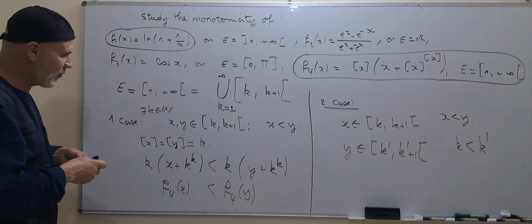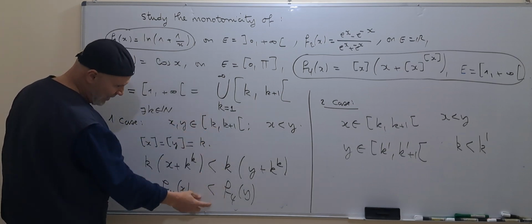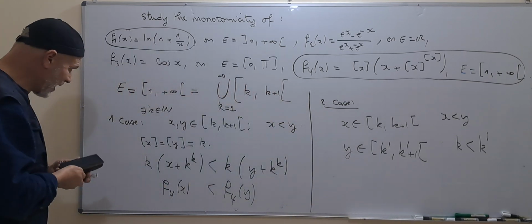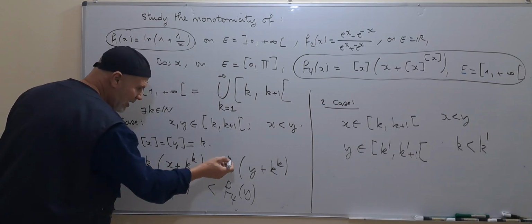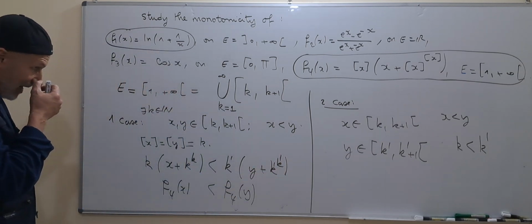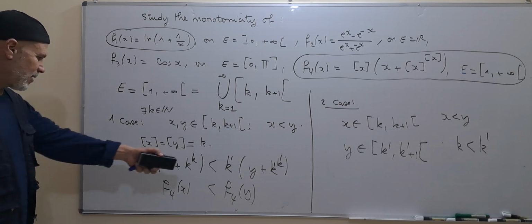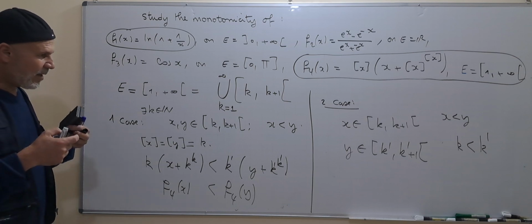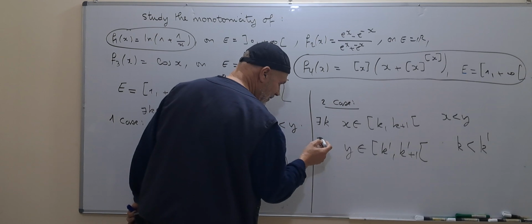If they are in the same subinterval, it is increasing. If they are far, we get k for x and k to the power k, and for y we get k prime. In this case, it is obviously strictly less, which means that in both cases the function is increasing.